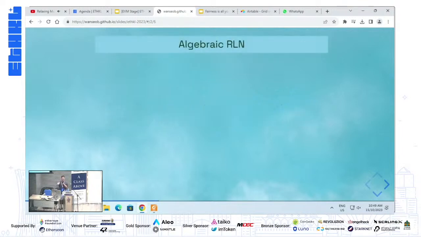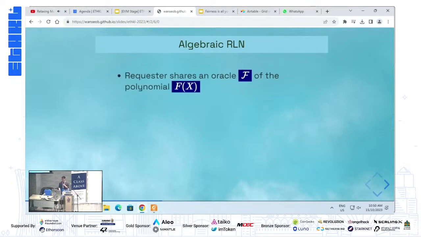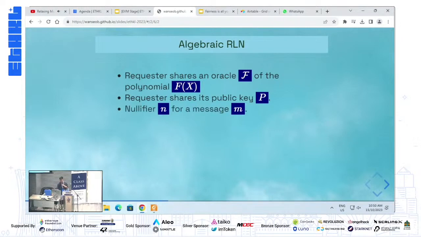So actually we can call this an algebraic rate limiting nullifier, where the requester shares an oracle f, which you can think of as a hash of your polynomial f. Also the requester shares a public key. And in this case, the requester shares a nullifier n for each message m.